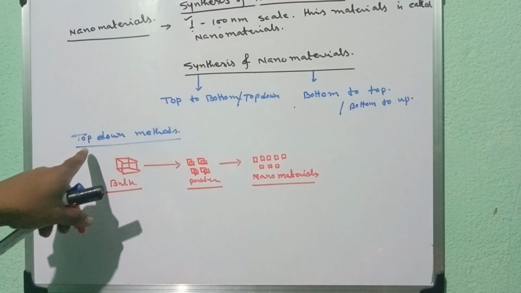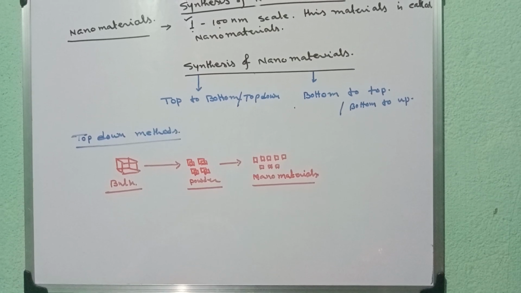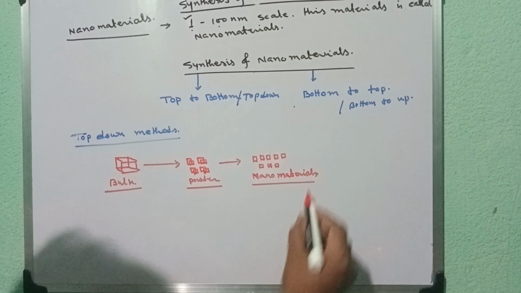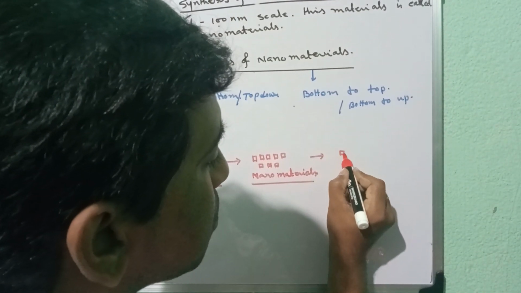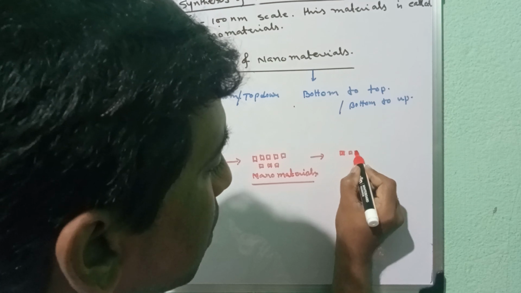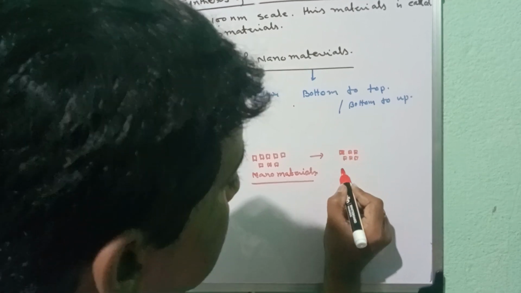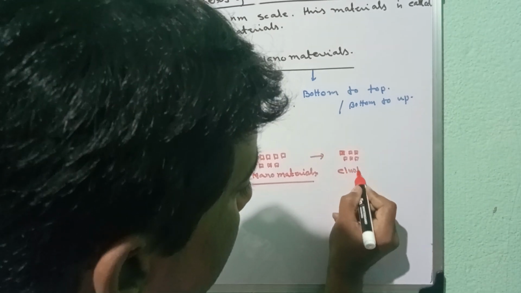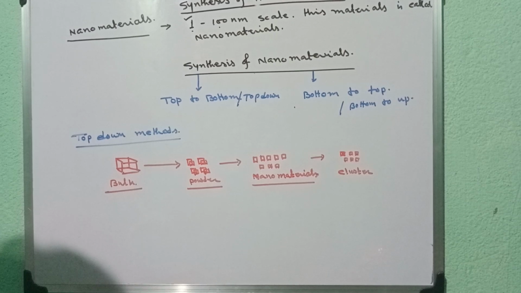So in the top down method there are the nanomaterials or nanoparticles, next the cluster, then the atom. It goes to clusters, very small, and this is called a cluster.